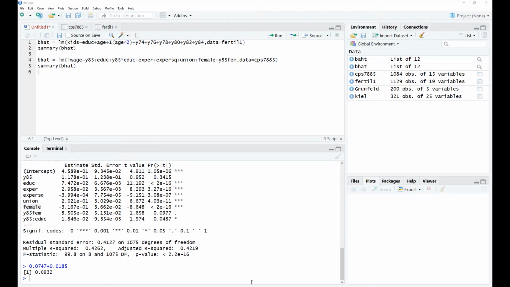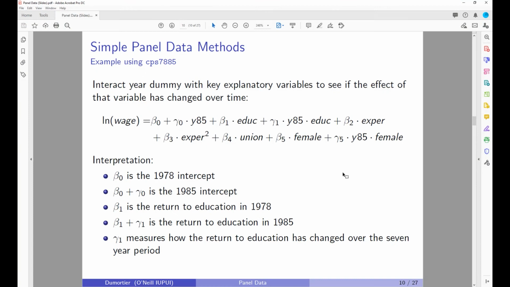Now note that in our model, we have also created an interaction between the yearly dummy variable 1985 and female. So beta 5 measures the pay gap in 1978, whereas beta 5 plus gamma 5 measures the pay gap in 1985.